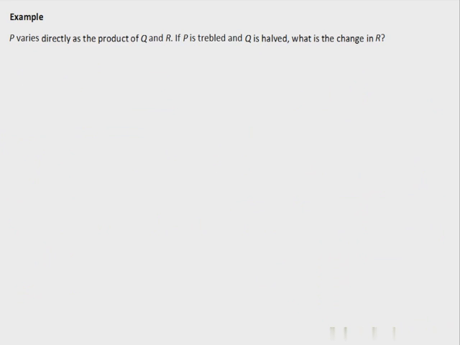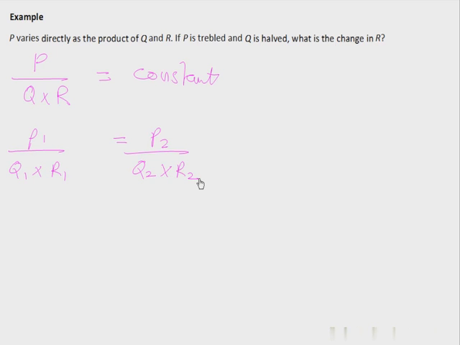P varies directly as the product of Q and R, which is saying P over Q times R is constant. If P is trebled and Q is halved, what is the change in R? So let's start with P1 over Q1 times R1 is equal to P2 over Q2 times R2.